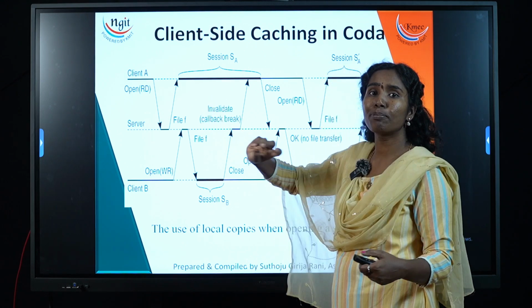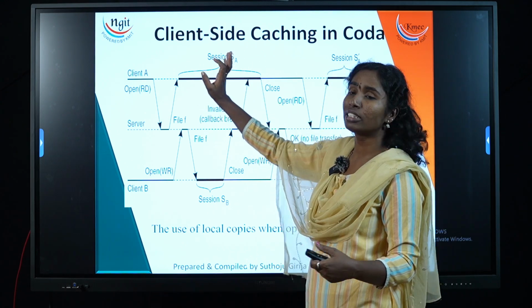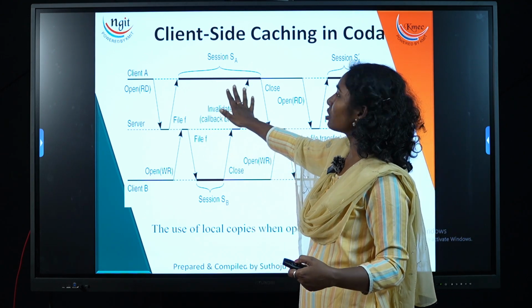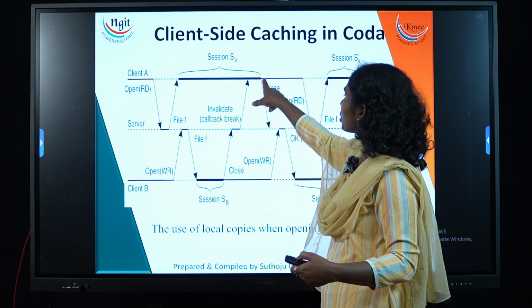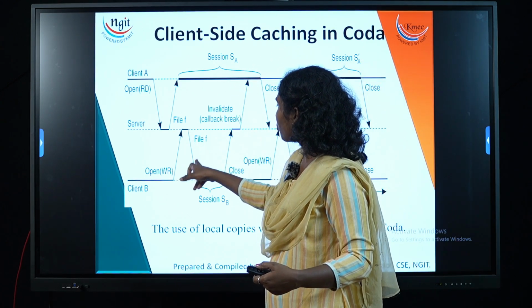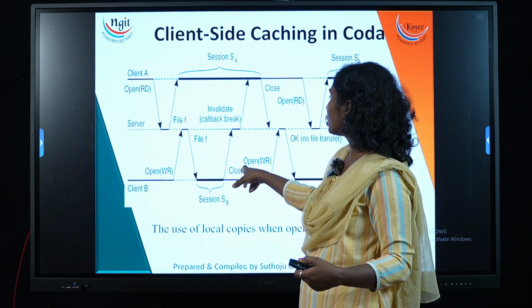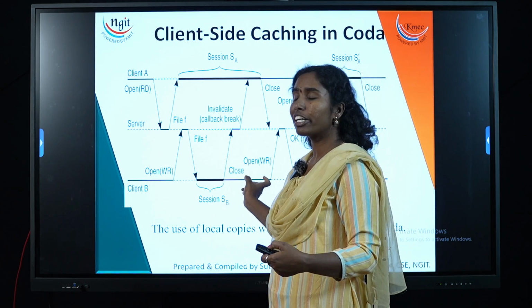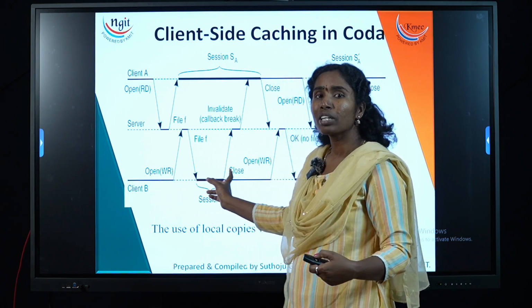We are giving a break to client A saying that we have this invalid callback over there, you just wait for some time. Meanwhile the session has been closed for that particular client. The file access will be given, and you are closing that, and at last you are giving the write delegate to client B.